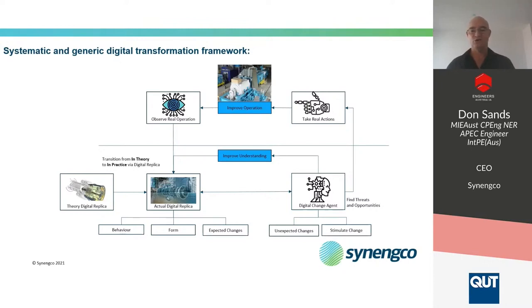Once it's in the digital thing, then all the management decisions, all the decision making, if you like, can all be handled within that digital environment. And so it's important to make sure that we actually have a very good representation of the actual world, because we're going to start to make decisions based on our digital representation. So this is where we actually use our digital twin, which becomes the actual digital replica, which can be made up of the actual theory behind how things work, if you like, and real observations about how that particular piece of equipment is working.